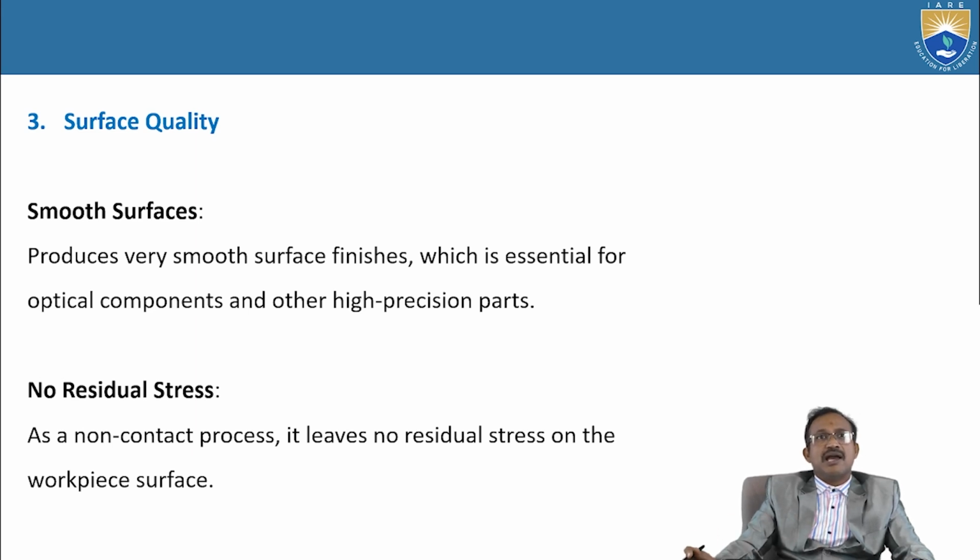As a non-contact process, it leaves no residual stress on the workpiece surface. There will not be any residual stress because there will not be any direct contact to the workpiece material during the machining process.